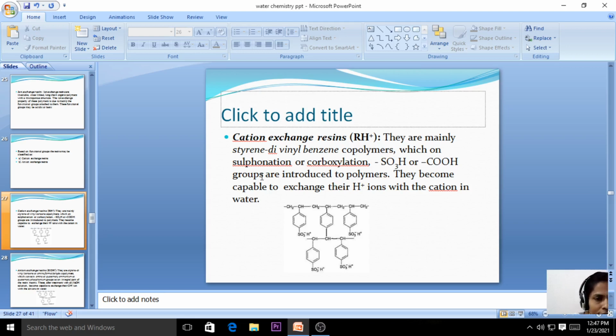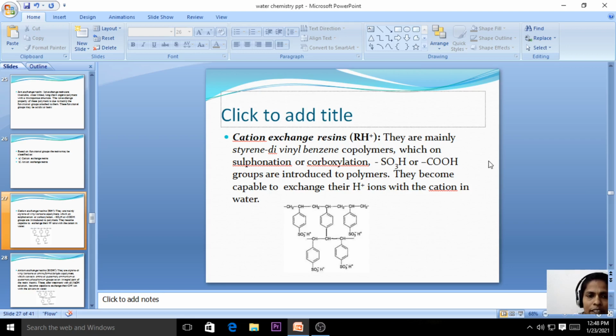That means when these copolymers are treated with sulfonation or carboxylation, they are bonding with SO3H groups and COOH groups. They become capable of exchanging their H+ ions with the cations in the water sample.